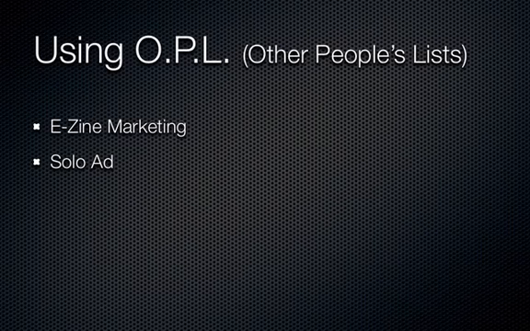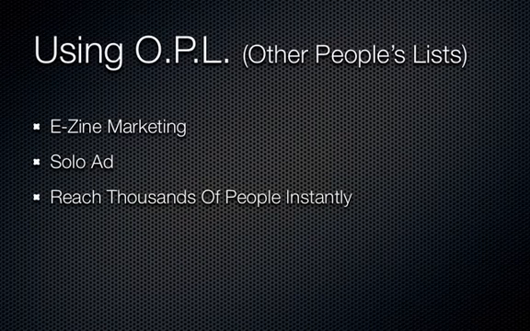So right away you can reach potentially hundreds of thousands of people using other people's lists for very minimum cost. I'm talking about 20 bucks or 30 bucks, sometimes $15, sometimes maybe $60. But you can pay $50 and reach hundreds of thousands of people who will get your offer directly in their email inbox. How cool is that?